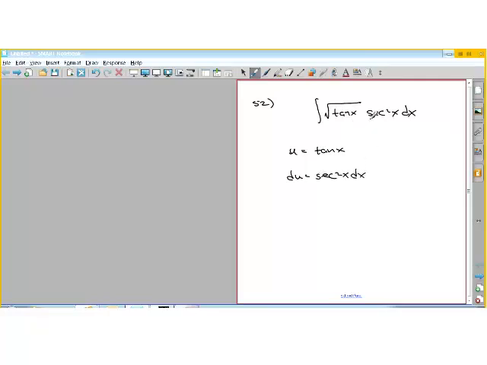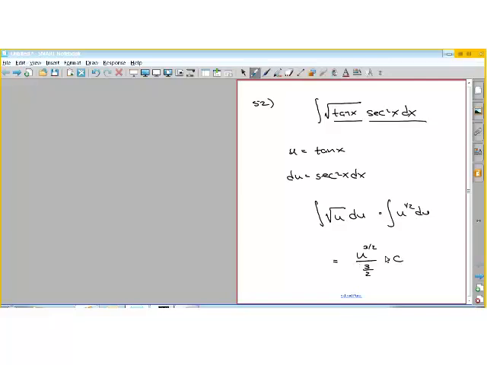out perfectly. So this part's du, this part is u, so we get the integral of the square root of u du as our substitution using u defined as such and du calculated as such. So that's equal to the integral of u to the 1/2 power du. It's a polynomial, so you add 1 to the exponent and divide by the new exponent.